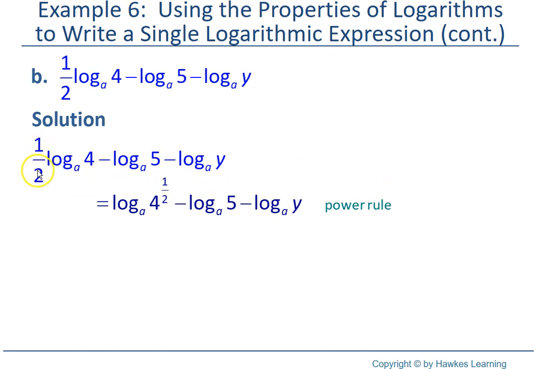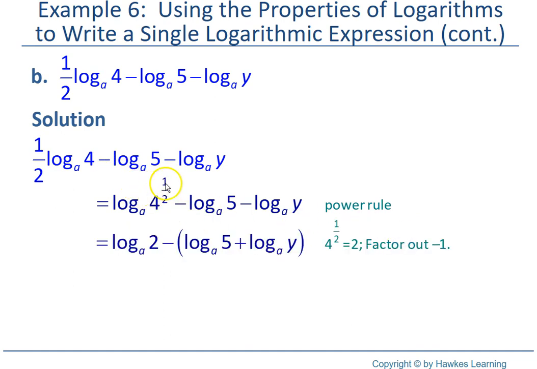So they're converting the 1/2 to the exponent of the 4 right there. They only did one little change there. And then they're taking the square root of 4 to get the 2. And these are going to go down into the denominator as they combine these two.